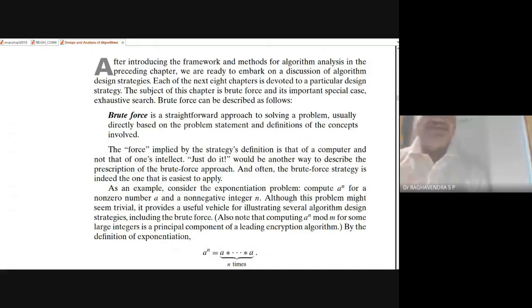This is what is called brute force. Once again, brute force is a straightforward approach. This problem solving technique is used to solve basic, simple problems like linear search, bubble sort, and selection sort.